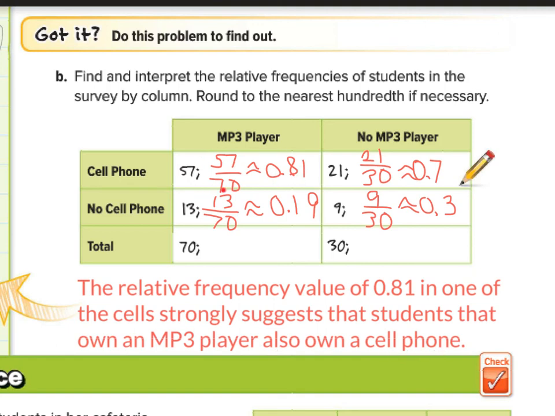The likelihood is high. Okay, so that is what we see, that there's a strong suggestion that students that own one own the other as well. And you can see that it's not the same for cell phone, it's lower and whatnot. And this is how we come up with relative frequency.